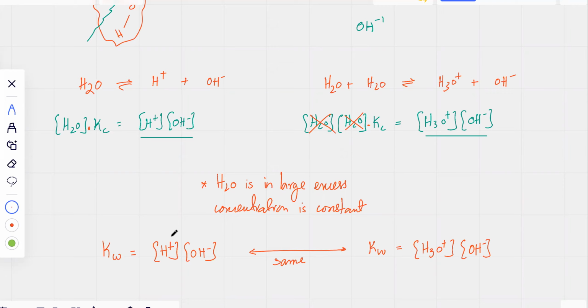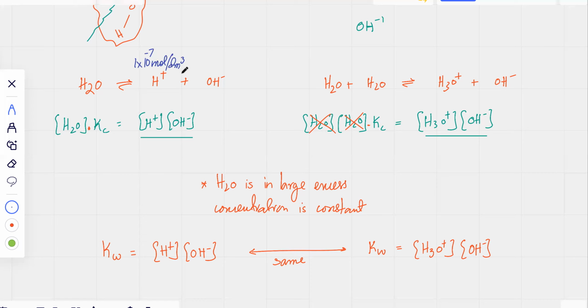Now remember, I told you water ionizes. These water molecules are going to break down. At room temperature, under standard conditions, the amount of ions that are going to be produced is very few. It's 1 times 10 power minus 7 mole per decimeter cube.